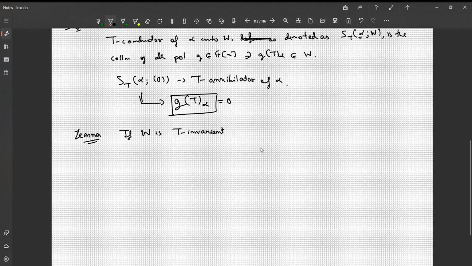If W is T invariant for T, then W is invariant under g(T) for all g belonging to F[x], where F is the underlying field.